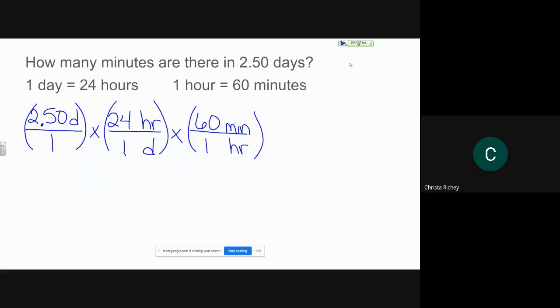And then you double check. I'm just going to do them both on one slide. I had it on the other one. So how would you solve this problem? 24 by 60, and I get 3,600. Are my sig figs right though?